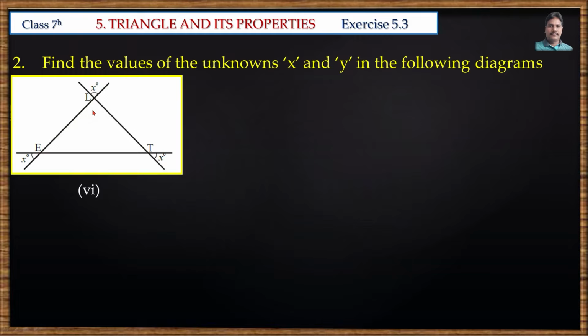So we know that the opposite angles with the same vertex are equal.